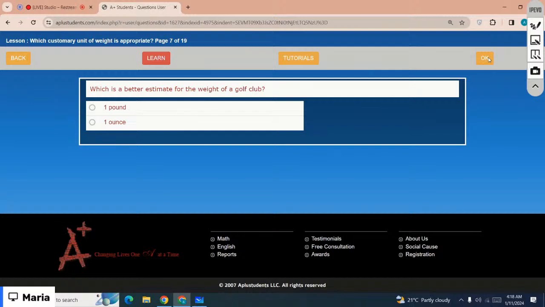So which is the correct option? The correct option is for the golf club. I think 1 pound.